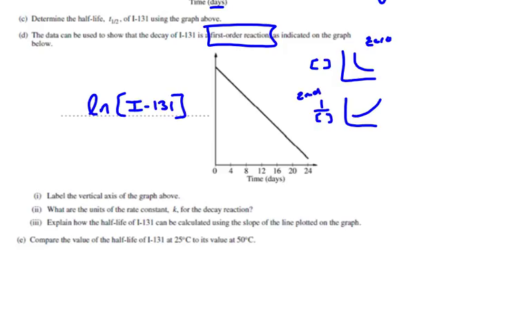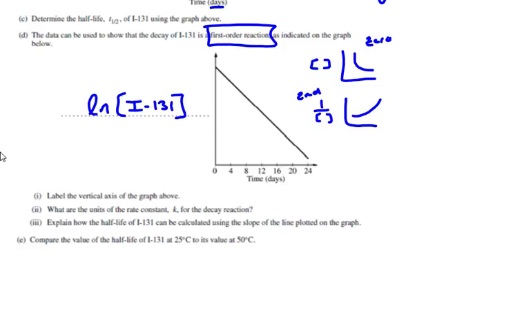If it tells you it's first order and it's not a straight line, you still have to be able to graph it. You don't just blindly go natural log. I did that on your test when we did kinetics, where I said it's first order, and then I had this. Oh, wait. Okay, if it's first order and it's not making a straight line, it's a negative slope. First and zero orders have negative slopes. Second has a positive because it's flipped. So that's what I would have to give if that was that graph after being told it's first order.